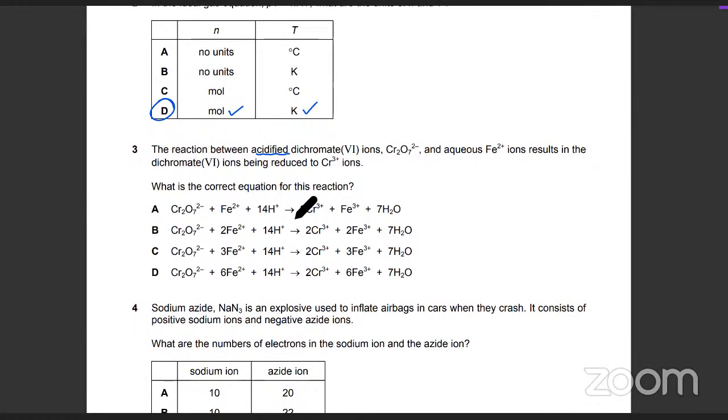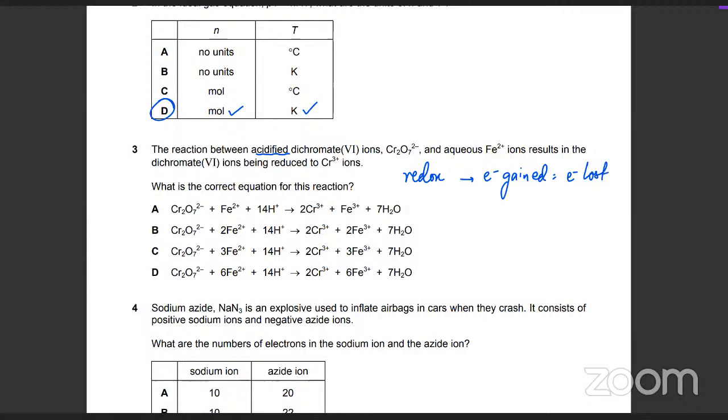It's Cr2O7, Fe2+, 14H+, Cr3+, everything is the same. Now remember, whenever you have a redox reaction, someone gains electrons, someone loses electrons. The electrons gained and lost have to be equal in a redox reaction. Whoever is gaining electrons and whoever is losing electrons, they should be gaining and losing the same number of electrons.